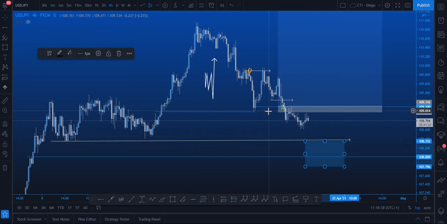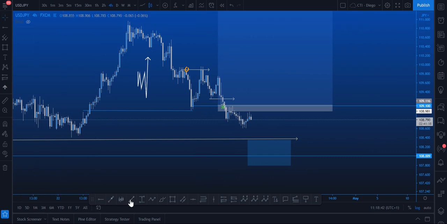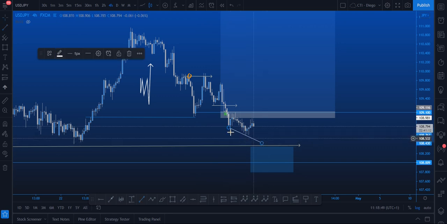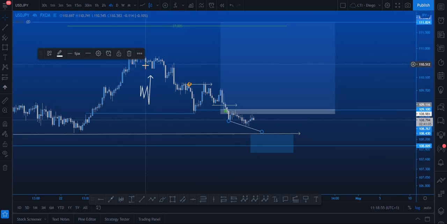But for now, everything in between for me is just irrelevant. I can have some confluences there if it presents itself, but there's nothing really going on. So for now, dollar yen is a no until sometime next week. So that was the thought process on dollar yen.